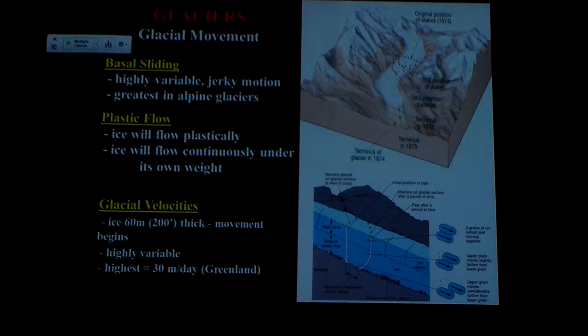Same thing if I look at it in cross-section, where the glacier is scraping over the bedrock, there's a lot of friction going on there. Sometimes it's actually frozen right to the rock. And in that case, it's going to go pretty slow. But as I move up into the ice, away from that zone, the ice is going to allow for slippage, it's going to deform plastically, and it's going to allow for faster flow.